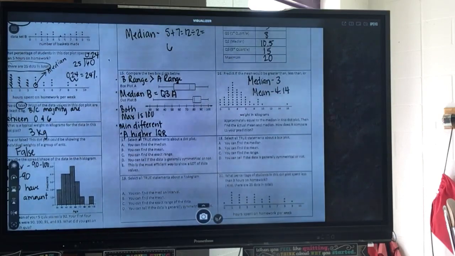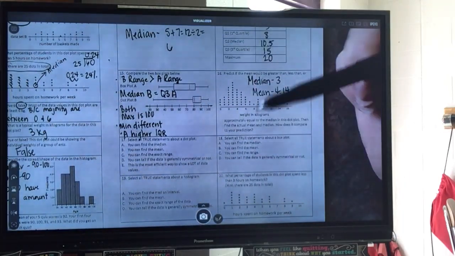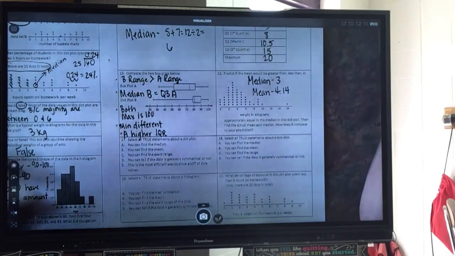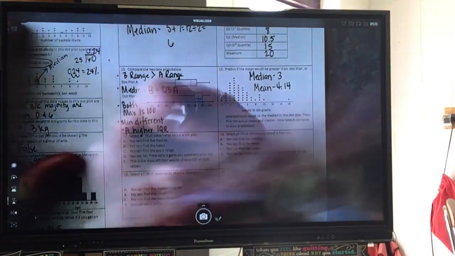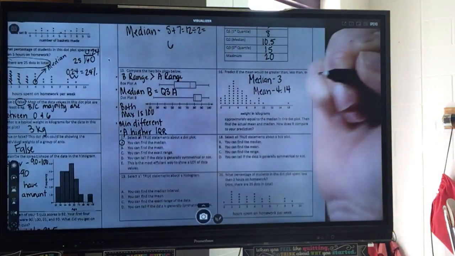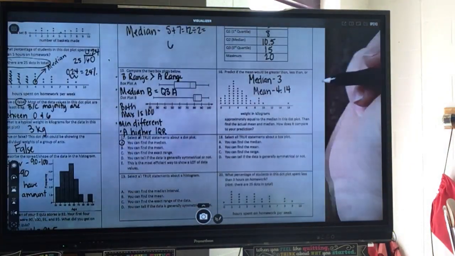Alright, moving on, number 17 is select all true statements about a dot plot. So stand up, sit down. Stand up if you picked A, you can find the median of a dot plot. That is true. Alright, stand up if you can find the mean of a dot plot.